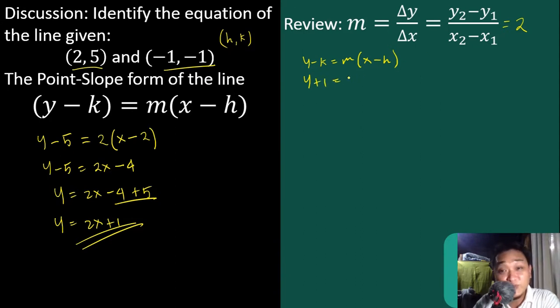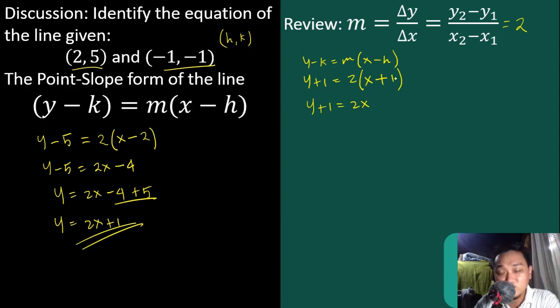Our slope, 2 pa rin, times x. Again, minus to. Tapos, magsasaksak tayo ng negative 1. Magiging positive, plus 1. And then, we can make use of the distributive property. So, y plus 1 is equivalent to 2x. 2 times x is 2x.